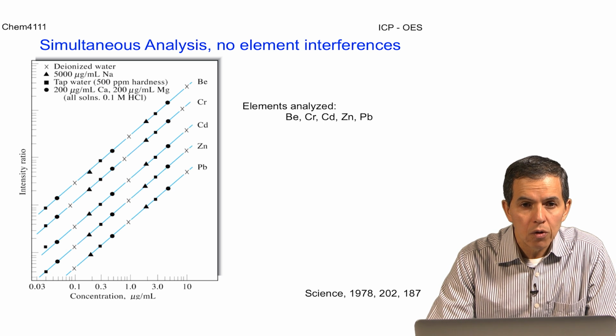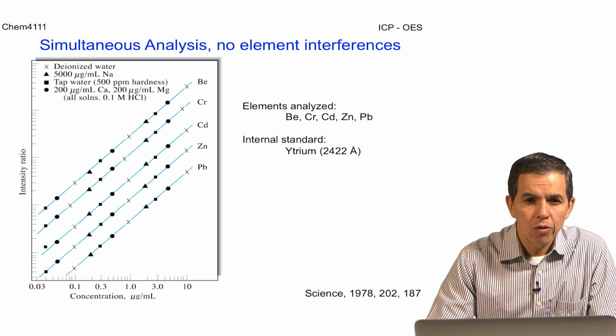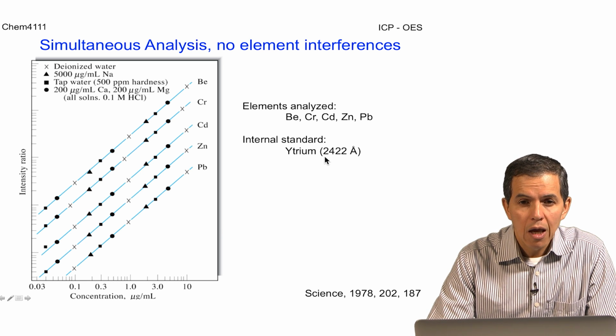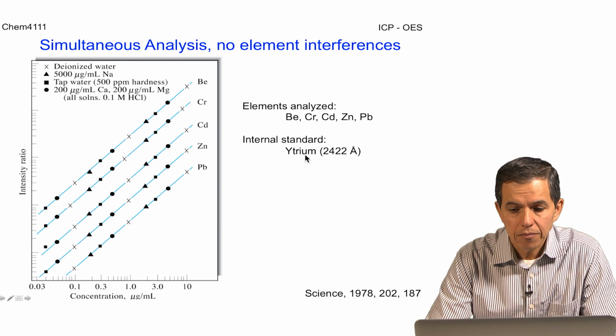It's also important to appreciate that in this particular plot, we have intensity ratio versus concentration of the analyte. This representation as a ratio is because we are also using an internal standard, yttrium, that has a characteristic wavelength of emission as well, and we are comparing the intensities of each element with respect to the intensity of this particular element used as an internal standard.